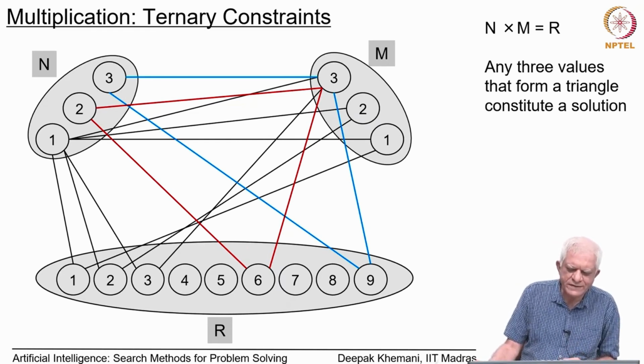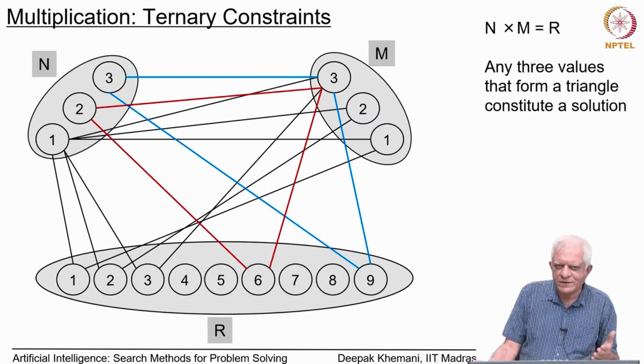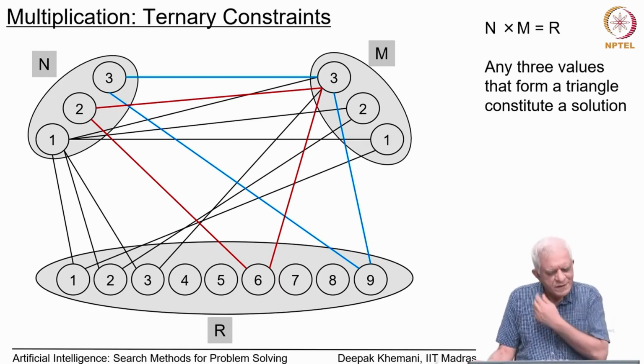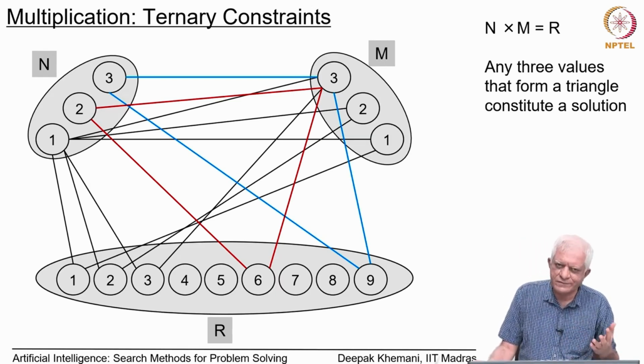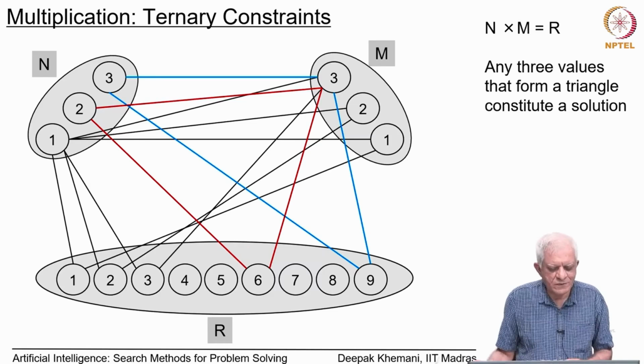So, here is an example of how you would represent multiplication as a constraint. Again I must emphasize that we do not do that, because it is a very painstaking way of doing it, but from the first principles perspective we can think of it as a constraint essentially. We may not actually implement it like that, but if you wanted to really be a purist constraint satisfaction problem researcher, then you might want to do this.